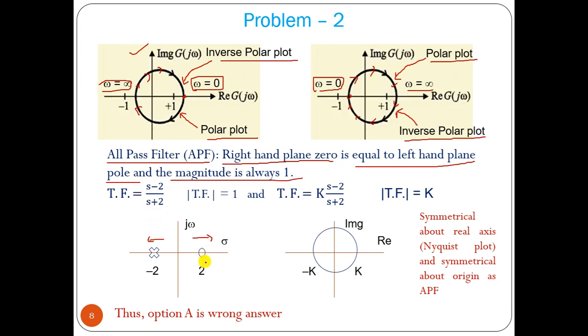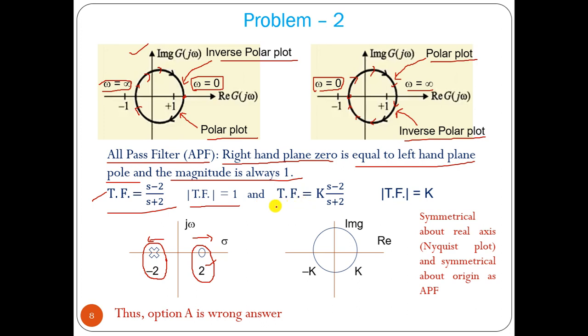That means if this is your zero on the right half plane, the pole should have the same value in the left half plane. One example: (s minus 2) by (s plus 2), then the magnitude of the transfer function will be equal to 1. If we put s equal to j omega and take the magnitude, it will always be 1.